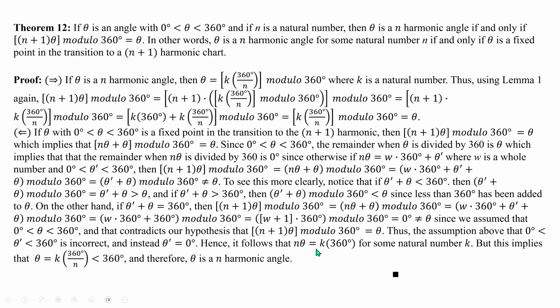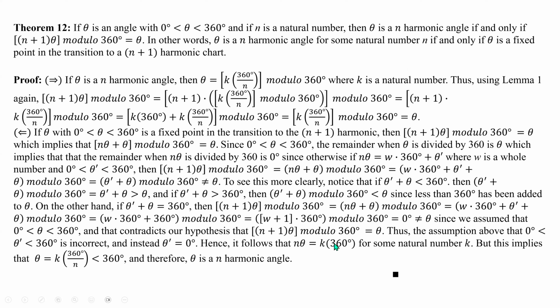And so n times theta is going to be equal to k times 360 degrees for some natural number k. I can use natural number rather than whole number because if I put 0 here, that makes n theta equal to 0, which is not going to happen because theta is strictly greater than 0 degrees by hypothesis, and n is a natural number.